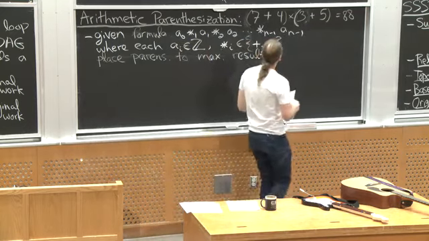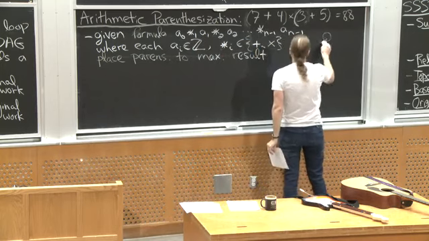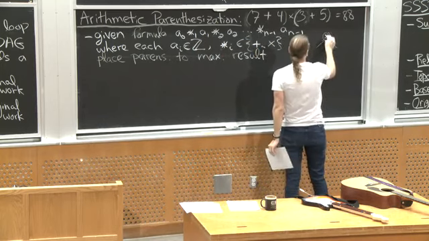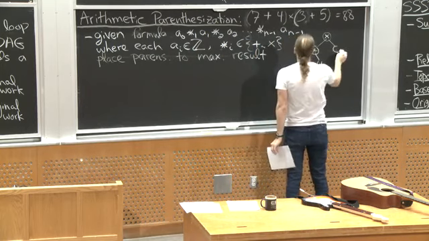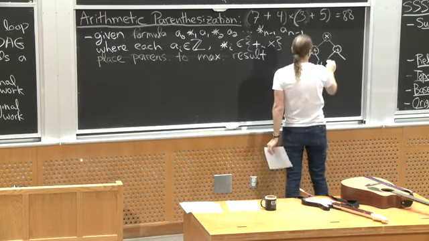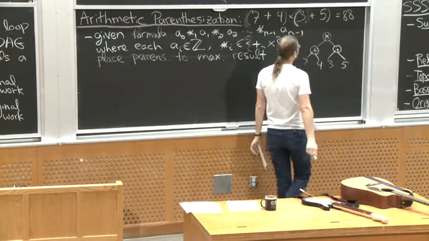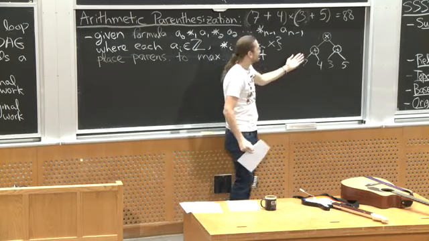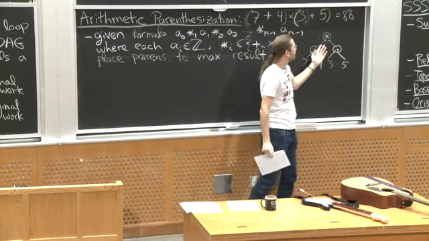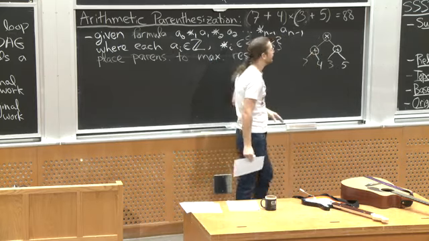Because we can think of this as a tree, where we take a sum of 7 and 4, and 3 and 5 over here, and then take the product at the root. But I don't know what the tree is, right? I only know these numbers and these operators, but I don't know how to organize this tree.